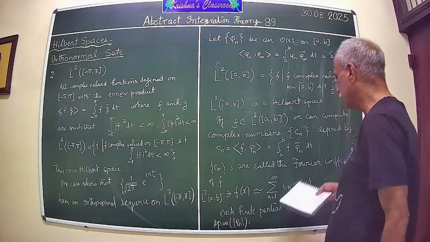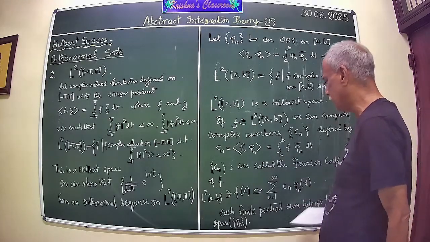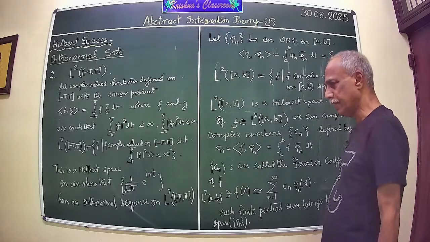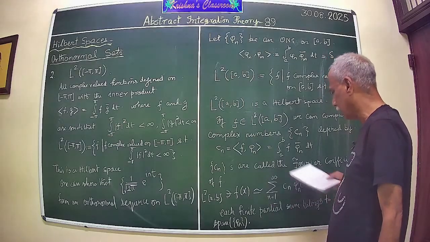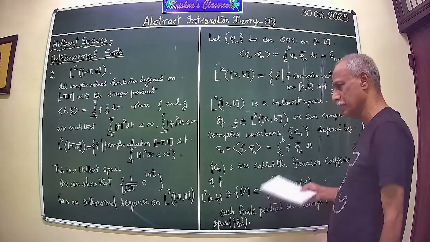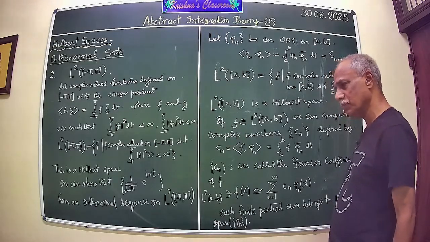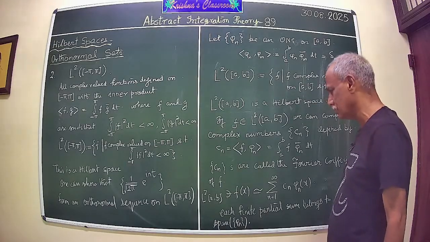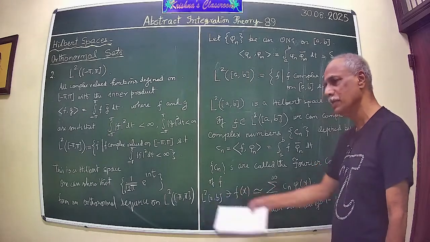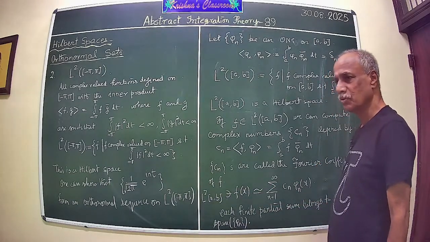Now you see that each finite partial sum that you can take out from this is a very smooth function. It's a smooth class of functions, whereas your f need not be that. Okay.